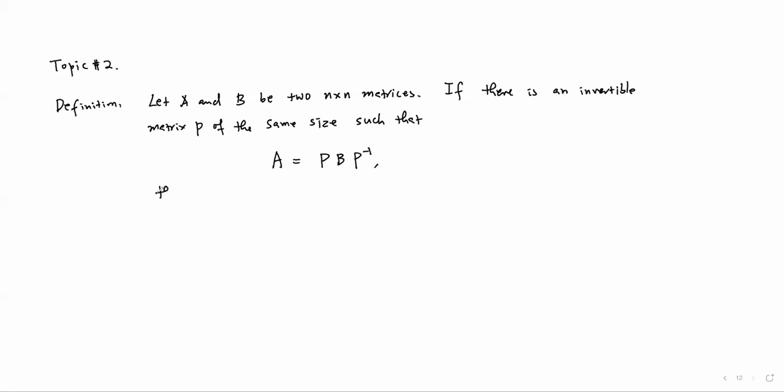Then we say that A and B are similar. They are not equal, not exactly the same, but similar. If you can find some invertible matrix P so that this equation is true, then A and B are similar.